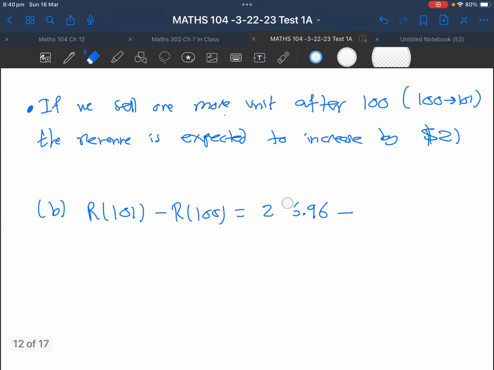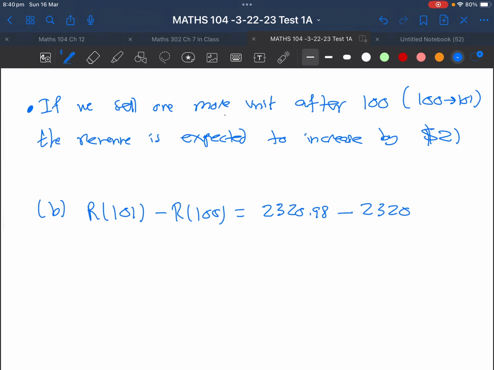I'm sorry, this one has a mistake here. It will be 2320.98, and then we do the same calculation for 100. It will be 2300.